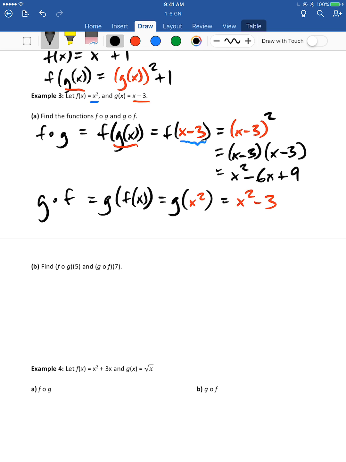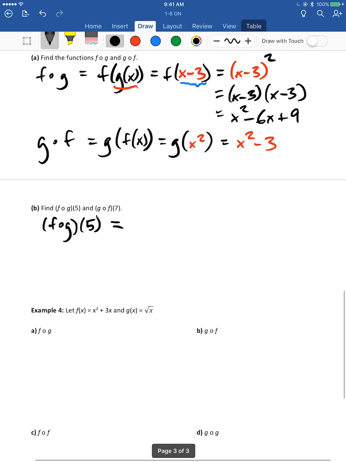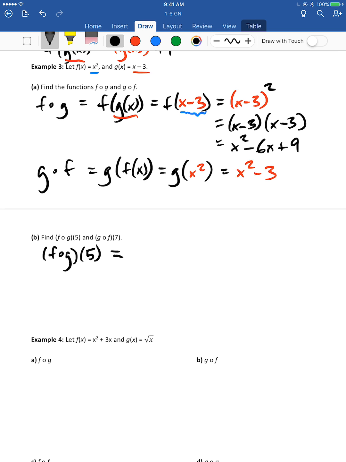For part B, we have f of g of 5. We just found f of g, and we said that was x squared minus 6x plus 9. So, f of g of 5 is, everywhere I see an x in what I found to be f of g, I'm plugging in a 5.